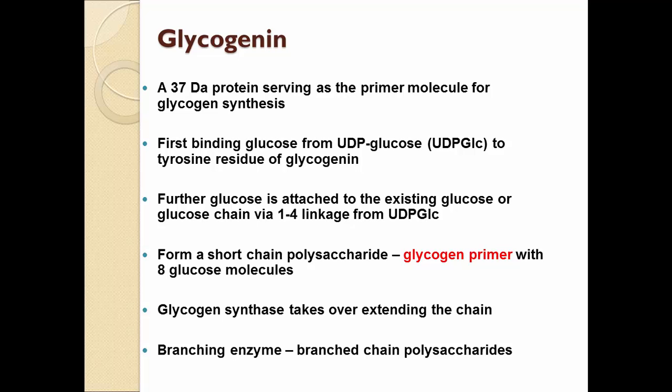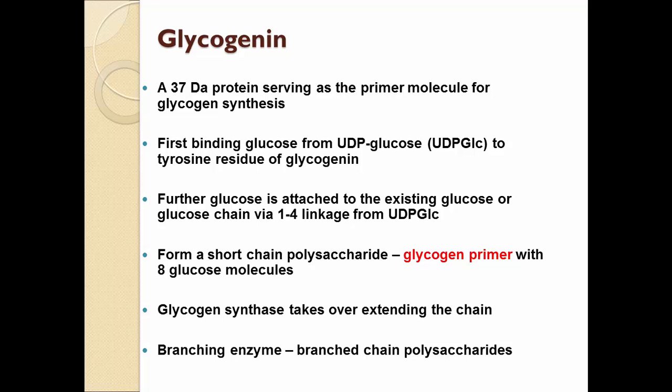So first of all, you need to form the 8-glucose short chain that connects to the glycogenin. Glycogenin is the place where you add the first glucose, at the tyrosine residue, and then you add more glucose to the existing glucose to extend the chain until you get an 8-glucose chain, right?